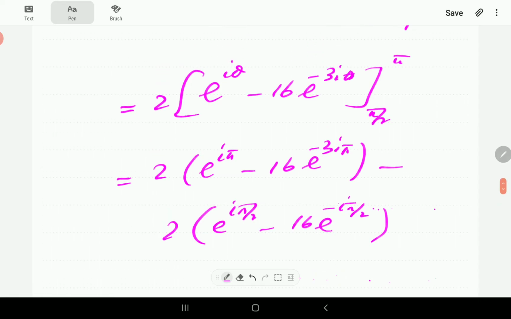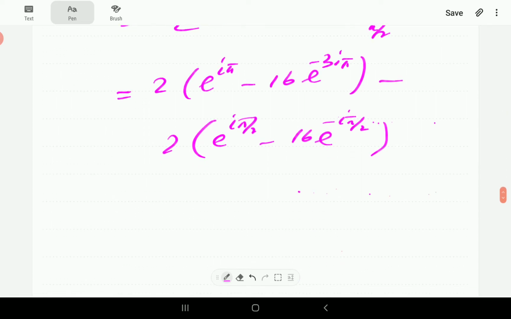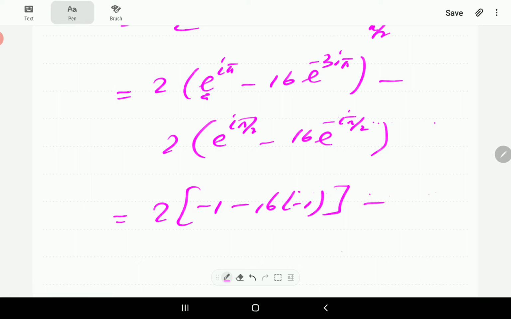And then we just evaluate this. e to the i pi is just negative 1. e to the minus 3i pi is also negative 1. So e to the i times odd multiples of pi is always going to be negative 1. So it's minus 16 times negative 1.